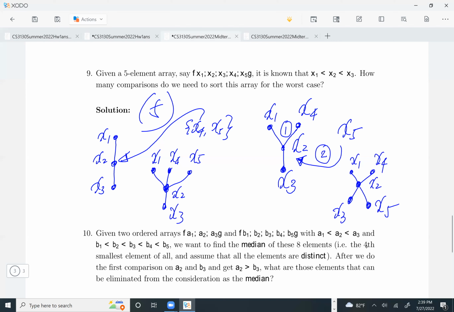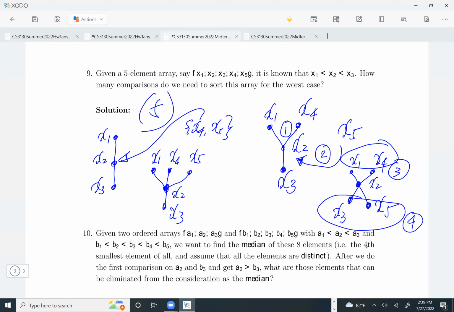For this case, we just need 2 more to get sorted: x1 versus x4 is comparison number 3, x3 versus x5 is comparison number 4. Only 2 more comparisons, total 4 comparisons to get sorted. But this is not the worst case. We need to work for the worst case. This is the worst case.